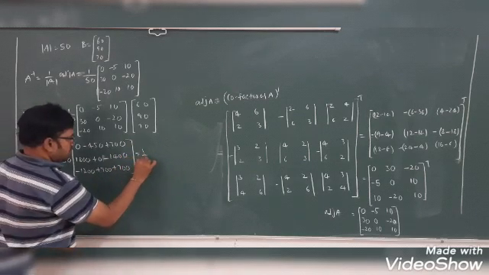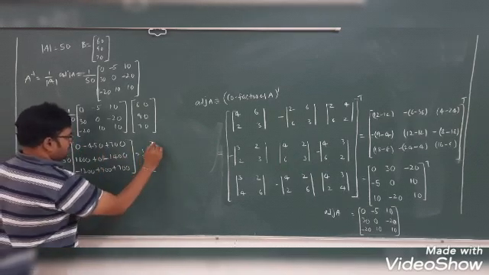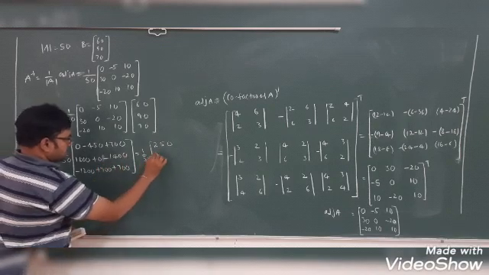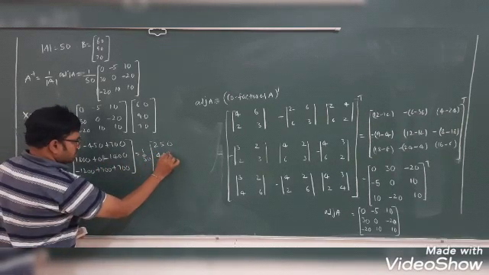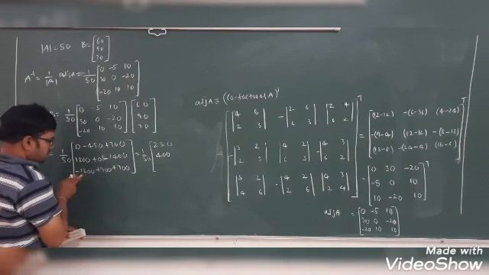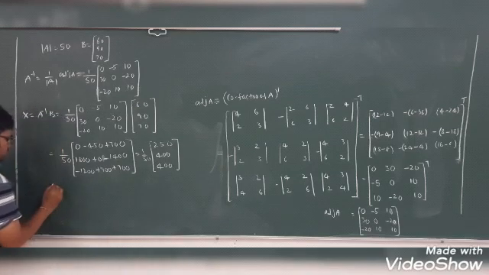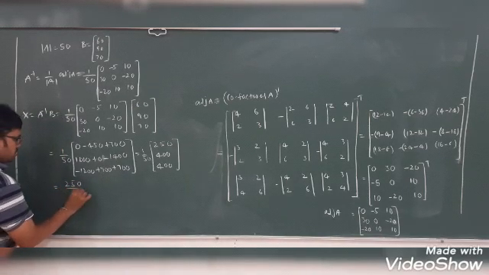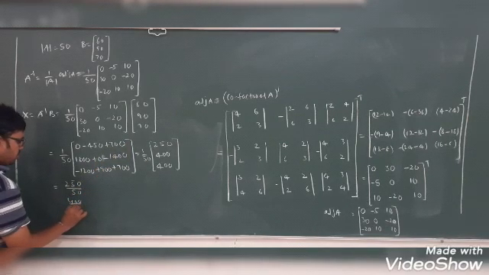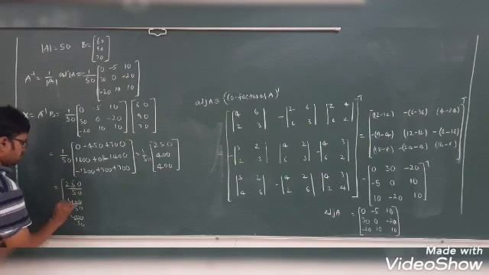Now this value is 1 by 50. Here 700 minus 450 is 250, and 1800 minus 1400 is 400, and 900 plus 700 is 1600, 1600 minus 1200 is 400. So we get 250 by 50, 400 by 50, and the next value also 400 by 50.